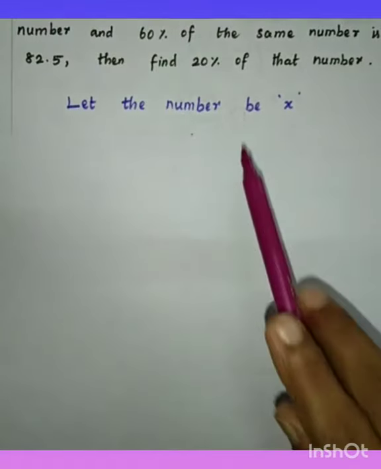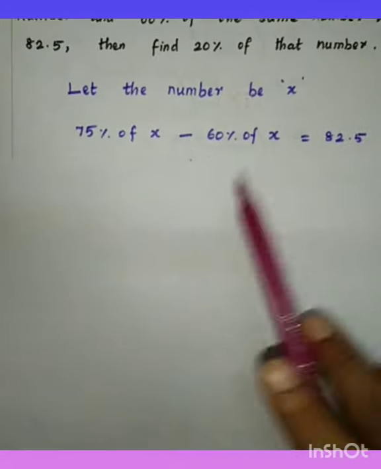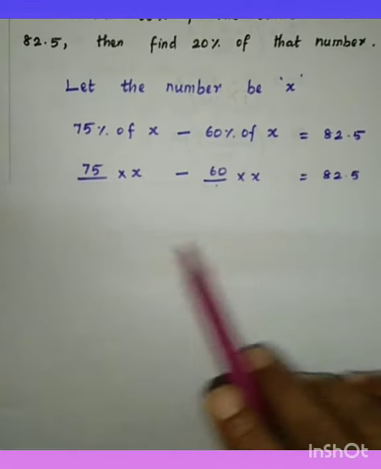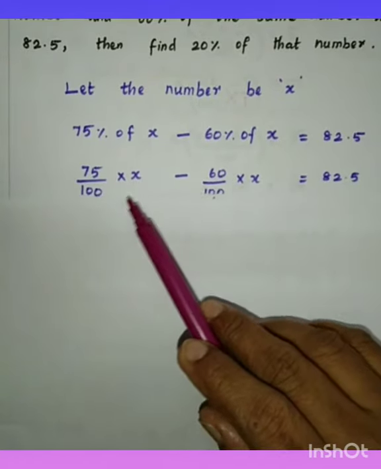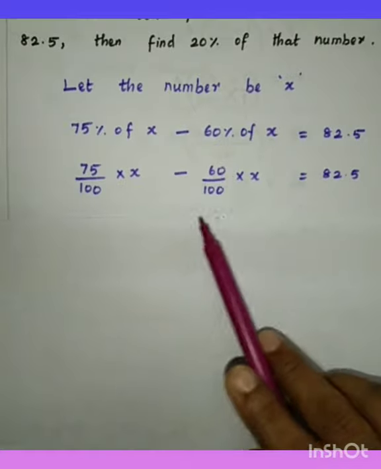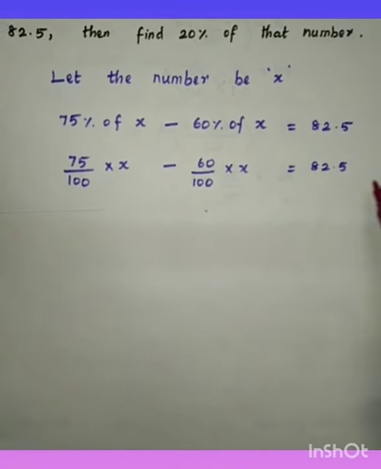Difference is given, so we subtract 60% of the same number, that is 60% of x, which gives 82.5. 75% can be written as 75 by 100 into x minus 60 by 100 into x equal to 82.5.